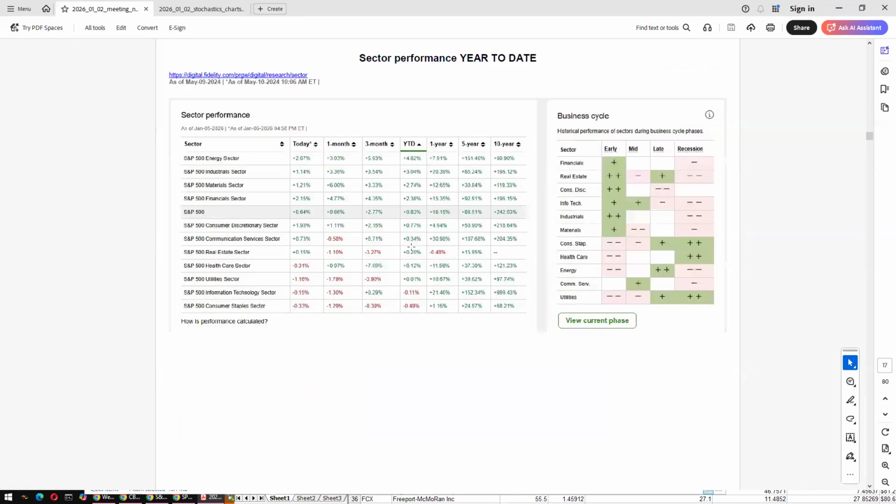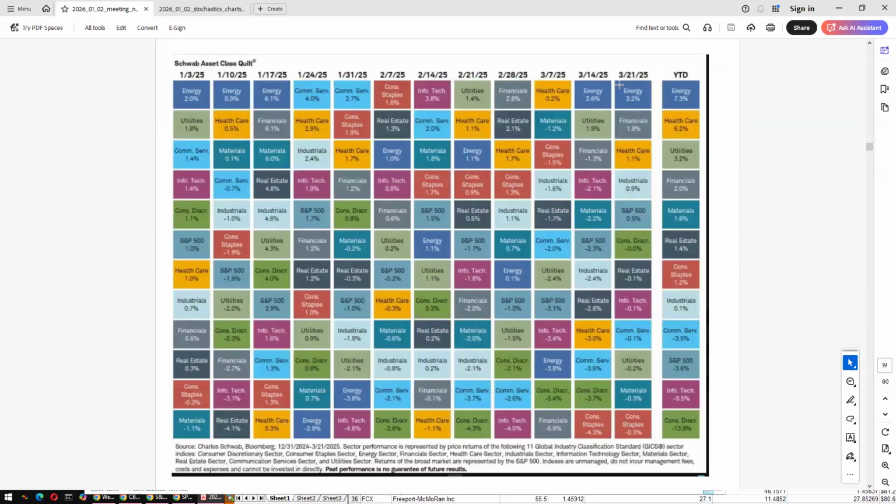As an investor, you have to keep in mind the best performing sectors from one year are not necessarily the best performing from the next year. This is called an asset quilt. An asset quilt is how good various sectors did compared to other sectors.